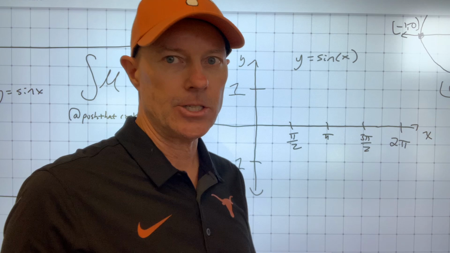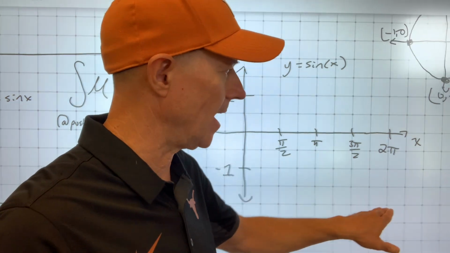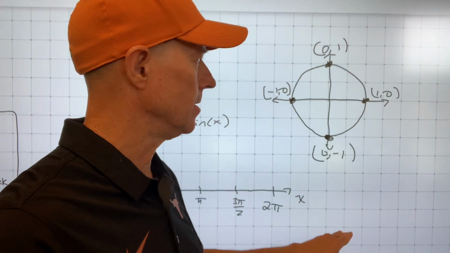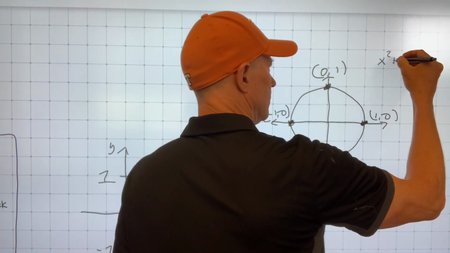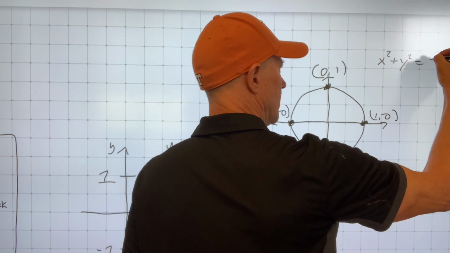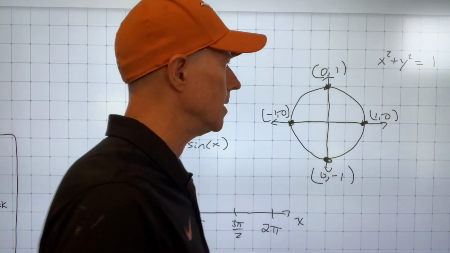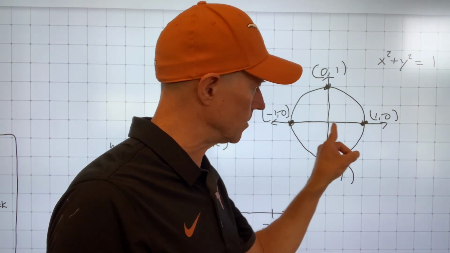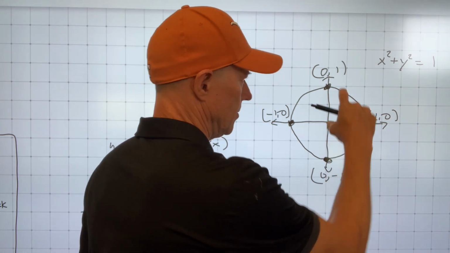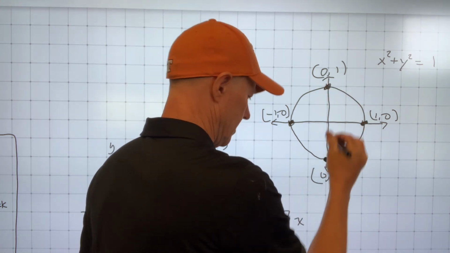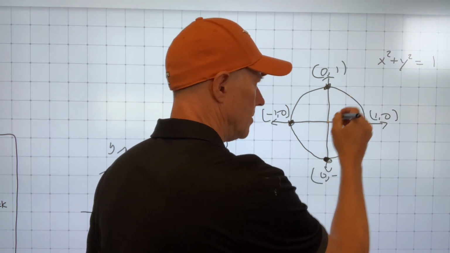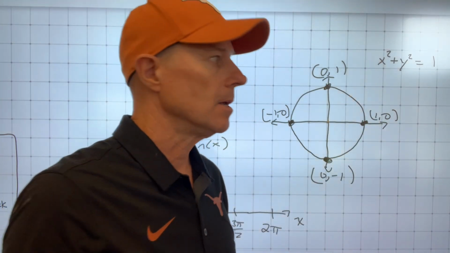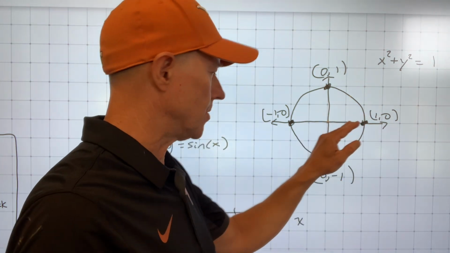But when we define a trig function off the unit circle, we have a unit circle described by the equation x squared plus y squared equals 1, meaning the radius is 1 unit. This distance here is 1 unit, that distance is 1 unit. The distance from here to there is also 1 unit, okay? The inputs though are some angle.